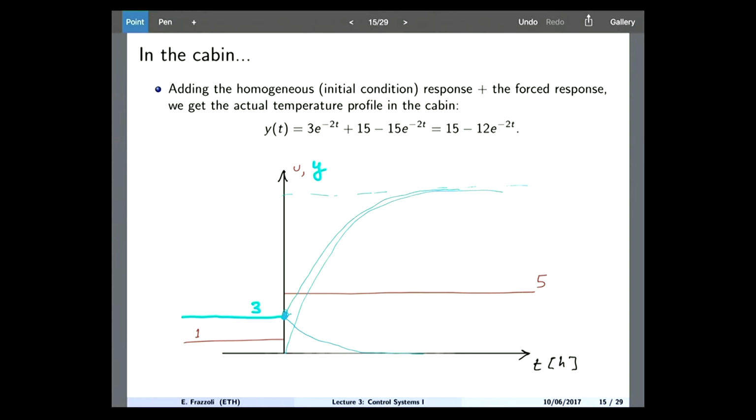Now, it is a little bit unfortunate that most systems of interest are not first order. The state is not just one scalar. In general, your state will be a vector of dimension n, in which case your matrix A will not be a scalar, not a 1-by-1 matrix, but an n-by-n matrix.